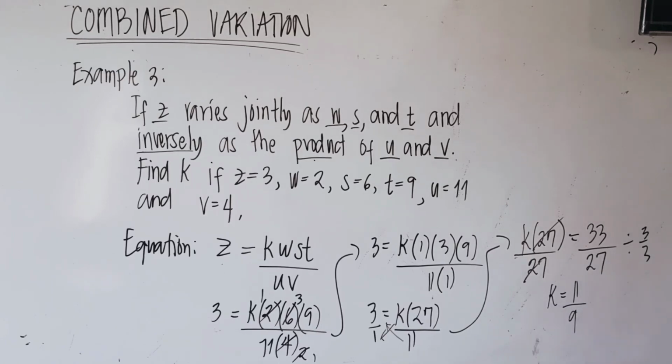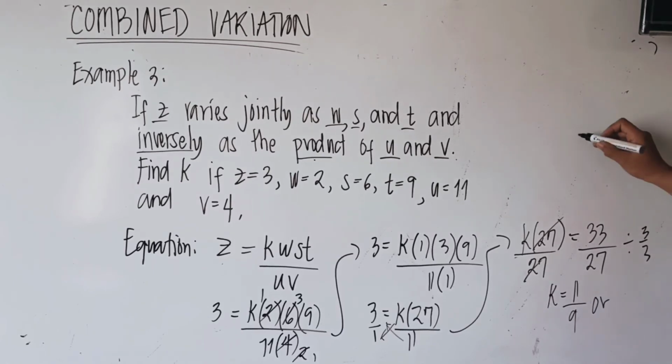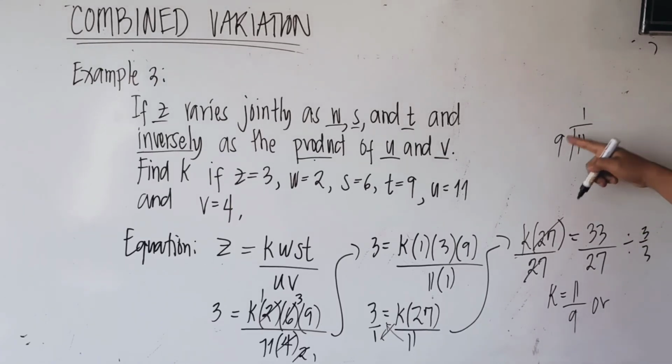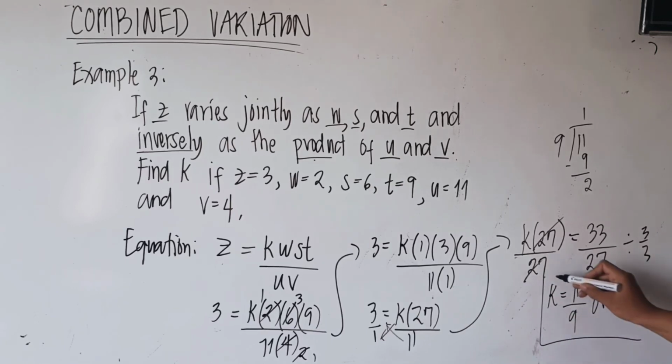So, k equals 11 over 9, or gawin nating mixed fraction. 11 divided by 9, that is 1. 1 times 9 is 9. 11 minus 9 is 2. So, we have 1 and 2 over 9. So, ito po yung constant of variation natin.